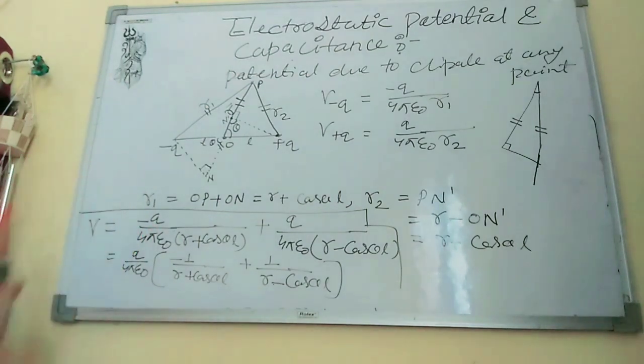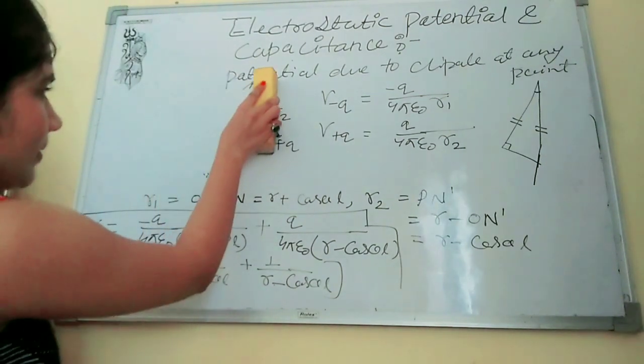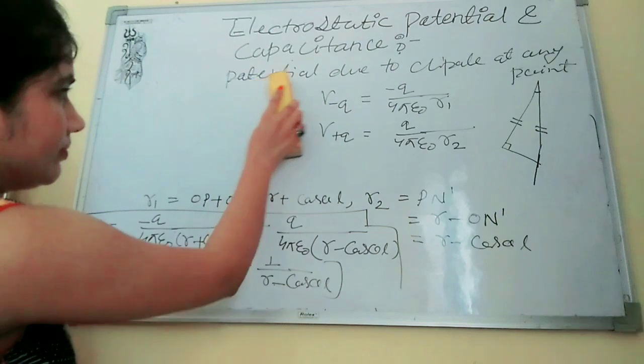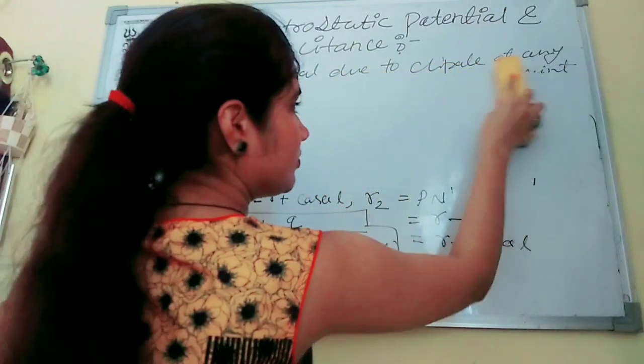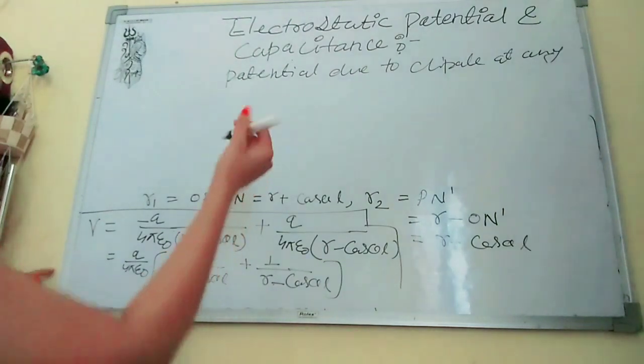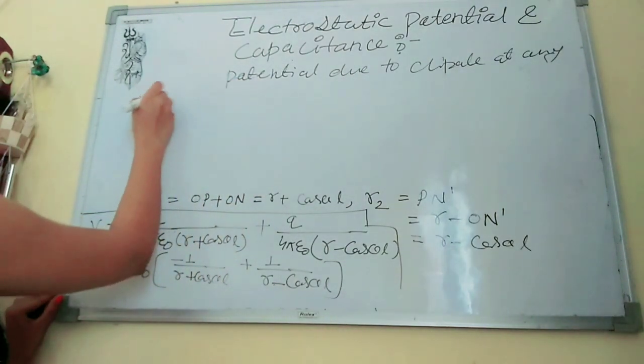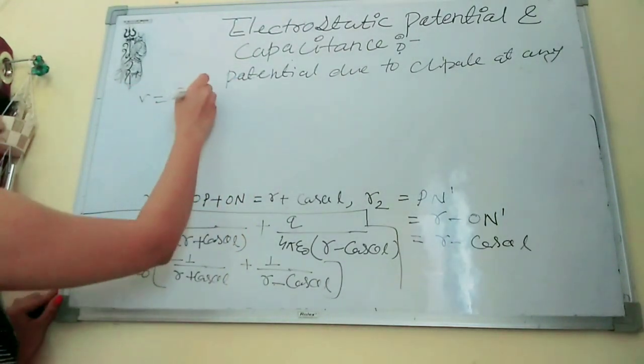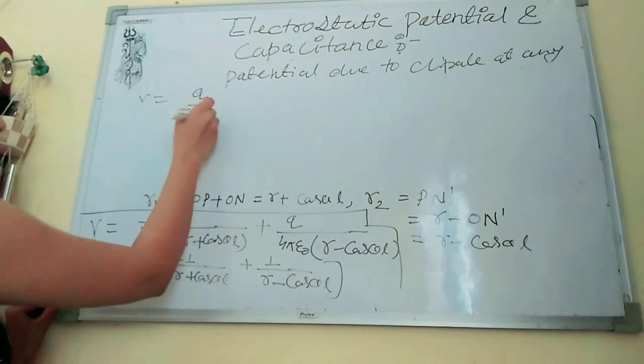So just take a screenshot. So this will become V equal to Q upon 4 pi epsilon naught.